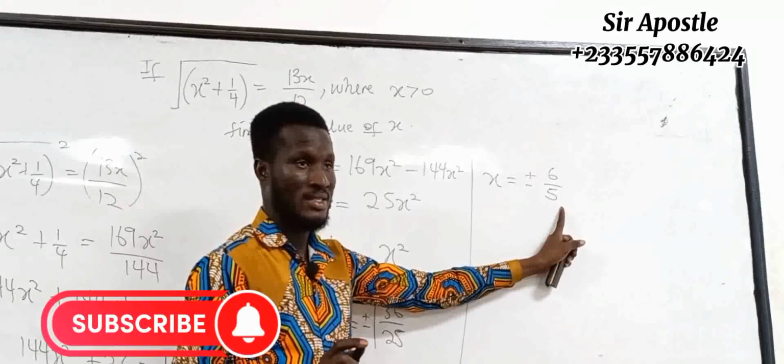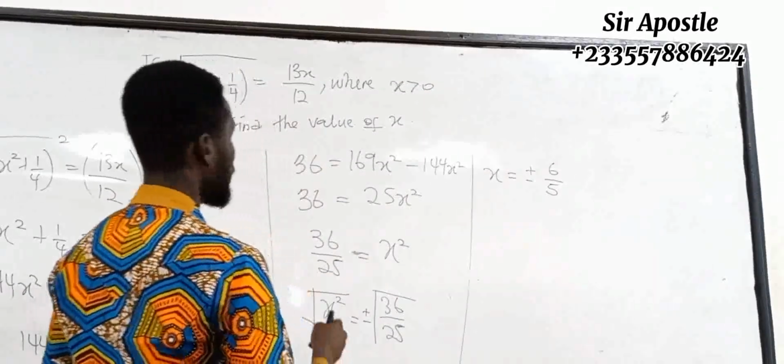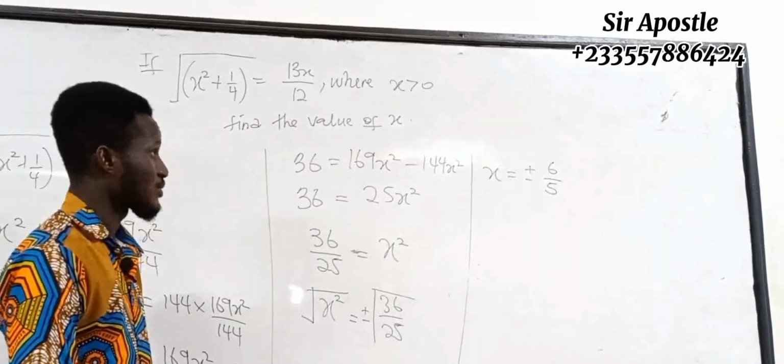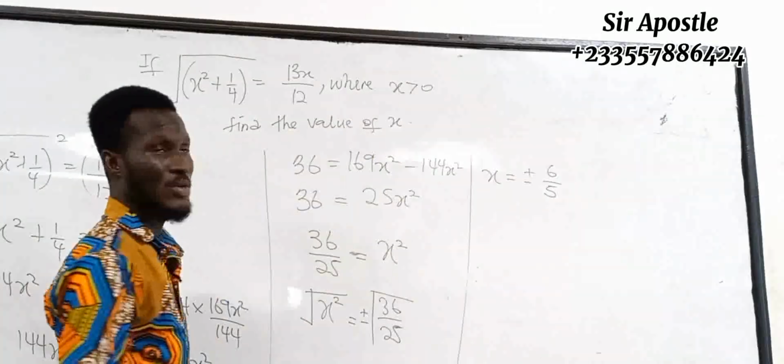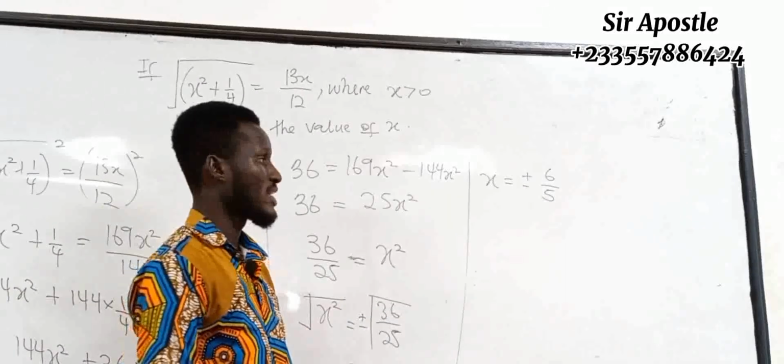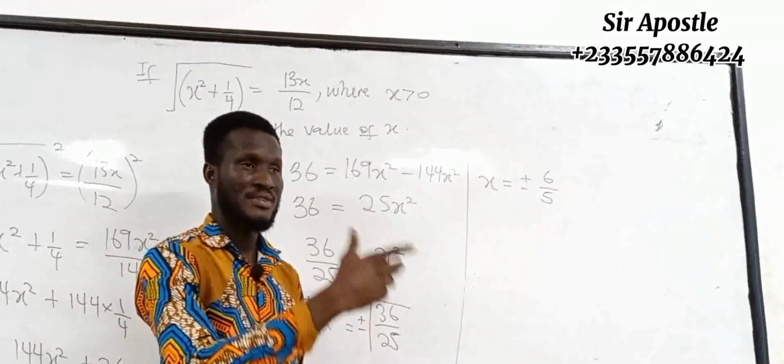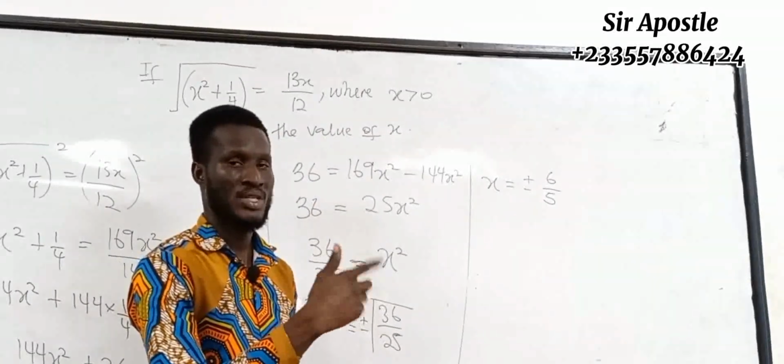You're going to get 2 answers. But we are not done. Look at the expression here. Where x is greater than 0. So when we say x is greater than 0, it means we are talking about a positive number. X greater than 0 means x is a positive number.